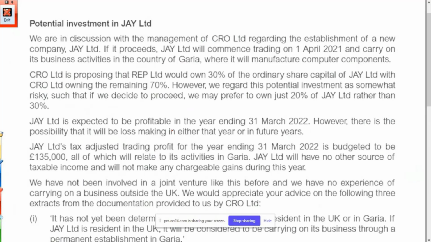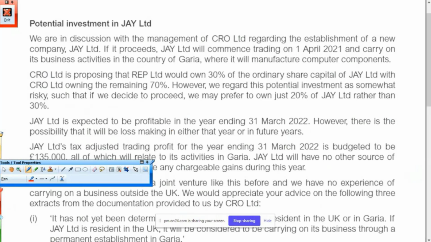So it's going to be a company that carries on business overseas. It's proposed that REP will own 30% of the shares, with CRO Limited owning the other 70%. However, we regard this potential investment as somewhat risky, such that if we decide to proceed, we may prefer to own just 20% rather than 30%. Okay, now you're into the most difficult part of the question here. Let me just highlight this.